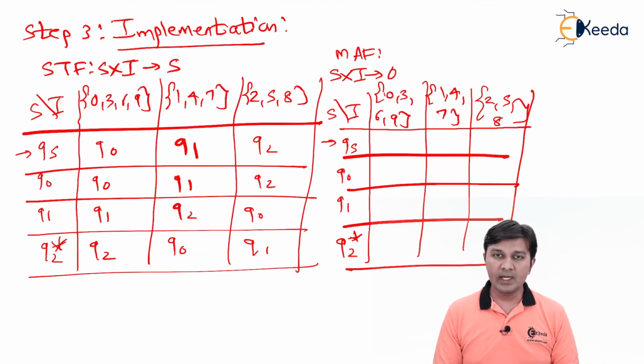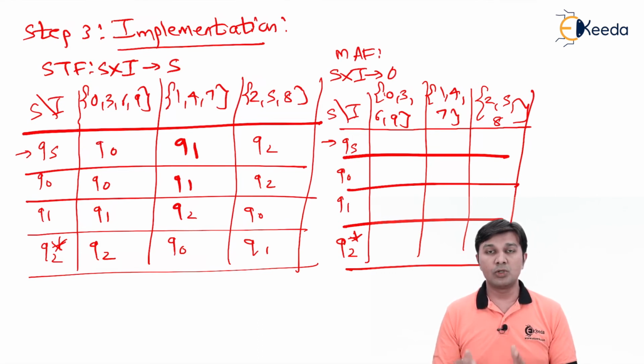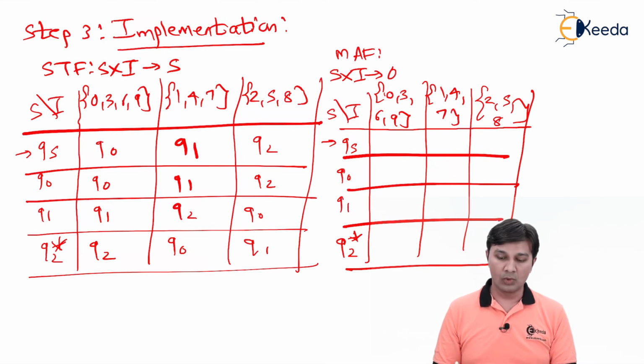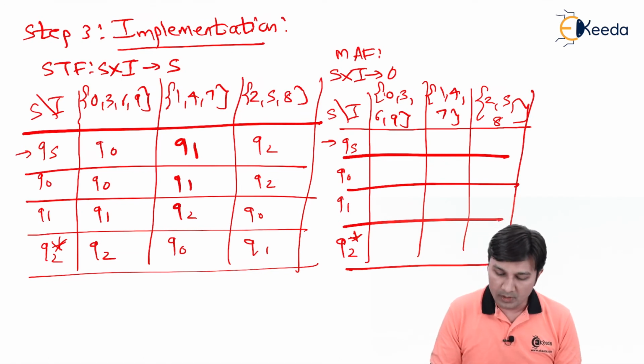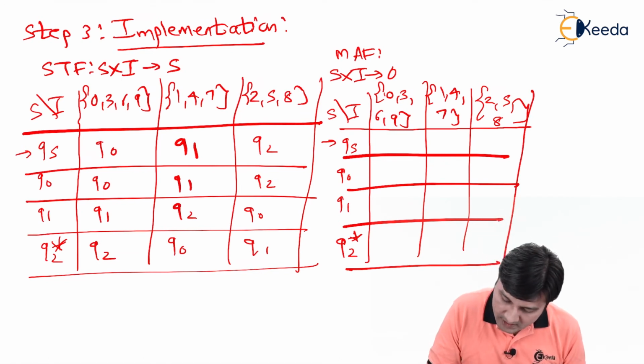Going ahead, now since Q2 is the final state, observe in the state transition function which all cells correspond to the cell value as Q2. I can see the following cells with cell value Q2. The first one I observe is this.